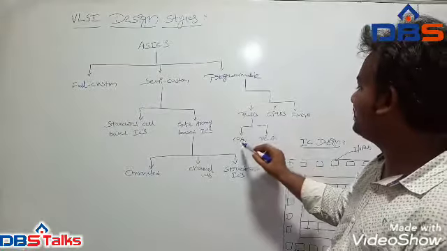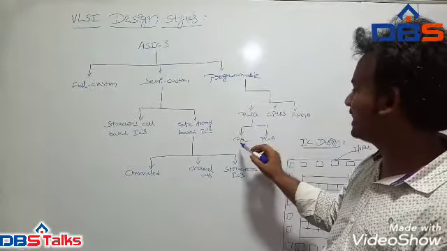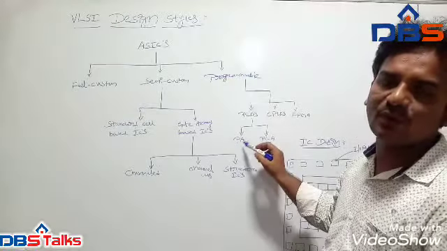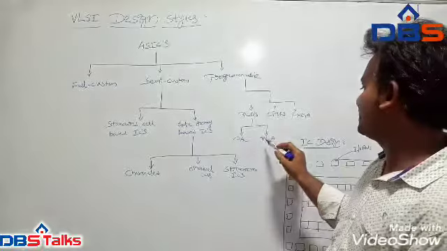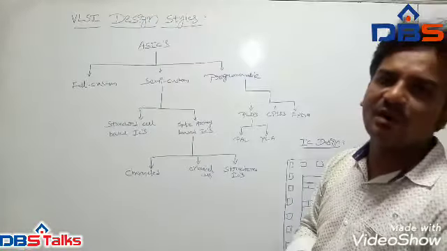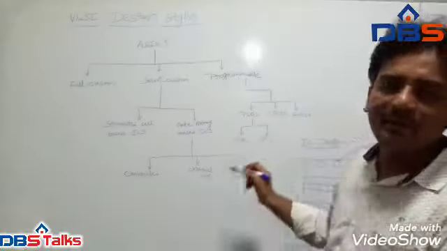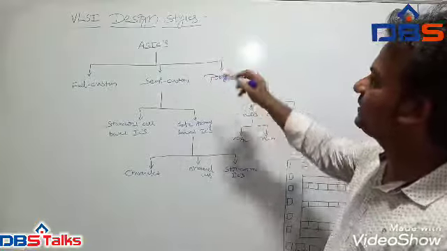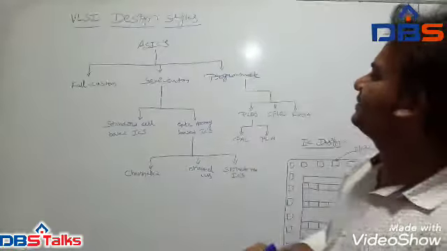Again the PLDs will be divided into 2 types. One is PAL and the other is PLA. PAL is programmable array logic, and the full form of PLA is programmable logic array. So we have mainly 3 different categories.